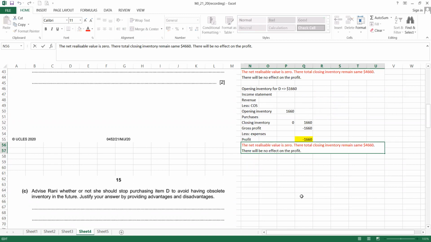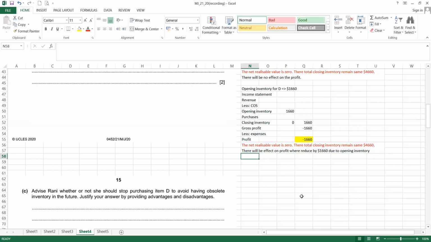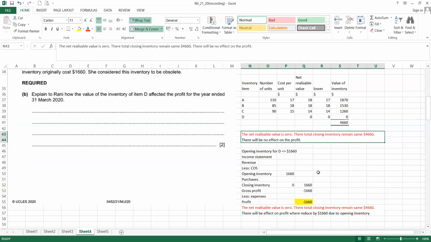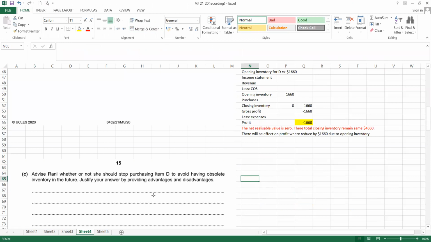But there will be an effect on profit, reduced by 1,660 due to opening inventory. So that should be the answer from my point of view, compared to the marking scheme. Okay, now let's continue.